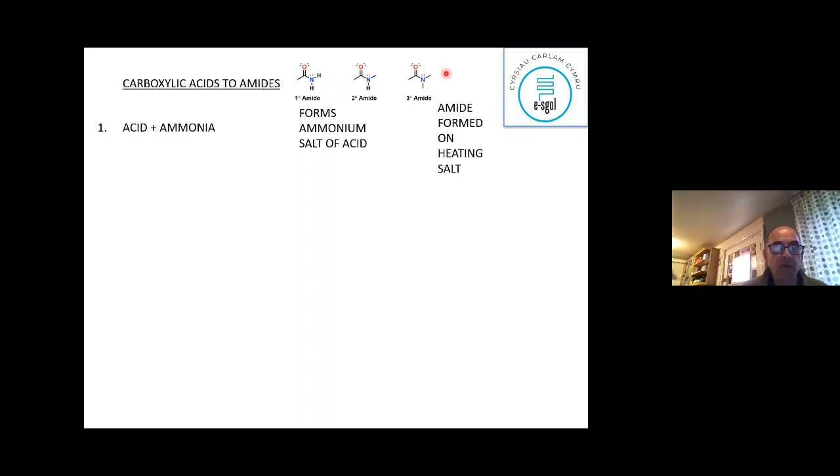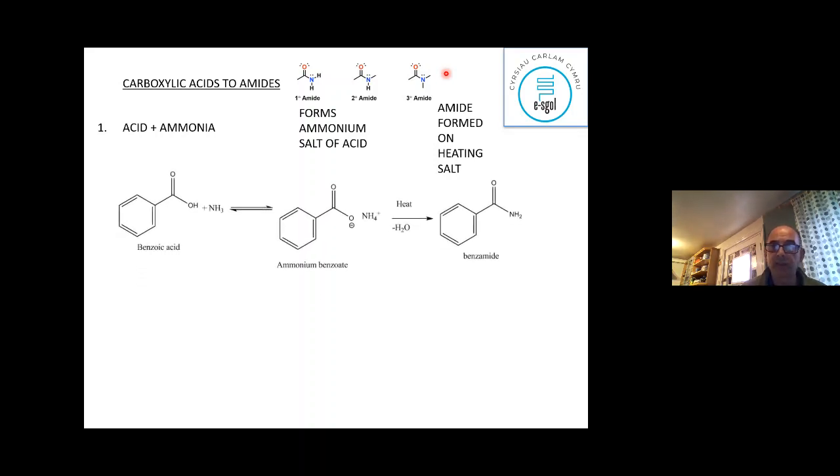We react a carboxylic acid with ammonia. It forms the ammonium salt of the acid, and then you heat that and it will form the amide. So you form the salt first, heat, eliminate water, and you form the amide. C double bond O and NH2, benzamide.